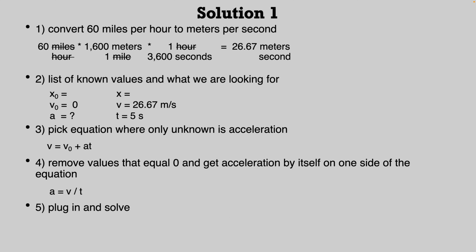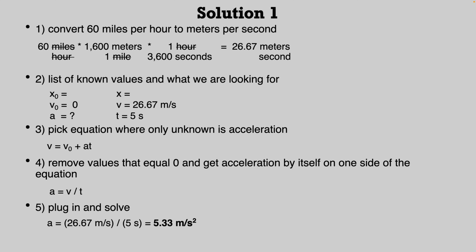Now we can plug in our actual values and solve it. 26.67 meters per second divided by 5 seconds gets us about 5.33 meters per second squared as our acceleration. So that's the answer to this first problem.